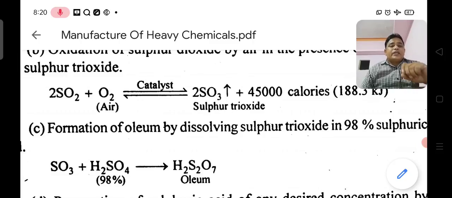Here, if we look at these catalysts, the best results are obtained by using platinum, but it is very expensive and also easily poisoned by impurities. Therefore nowadays the most suitable catalyst used is vanadium pentoxide.